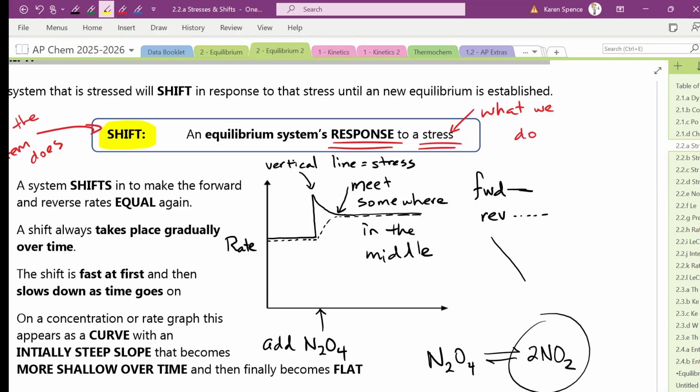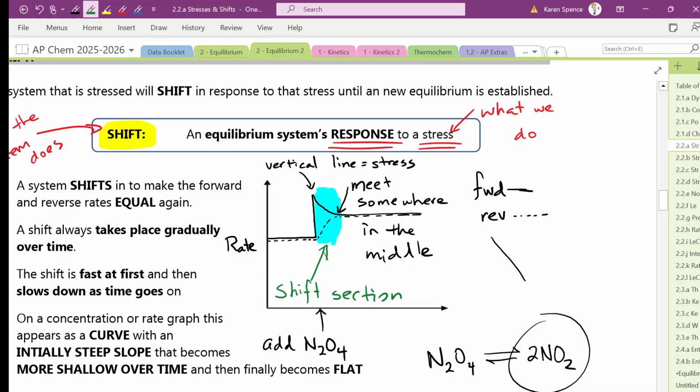And this section here is the shifting section. Is that good?